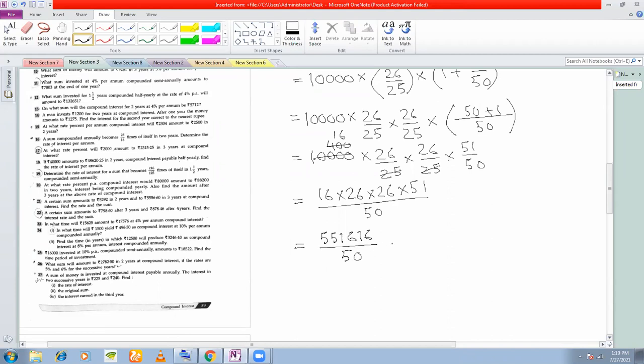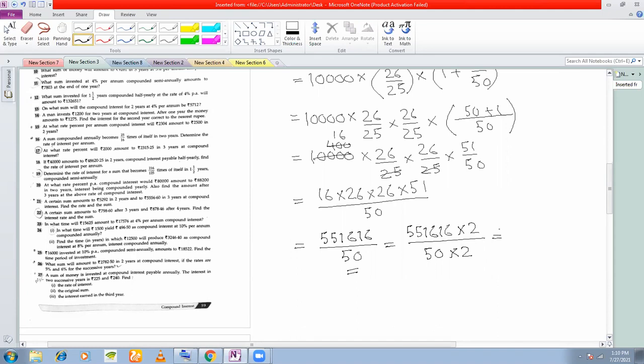Now how do I calculate this? See, if it is 50, I can make it 100 very easily, isn't it? I can multiply the numerator by 2, and I can also multiply the denominator by 2, because I want the denominator as 100. That is why.